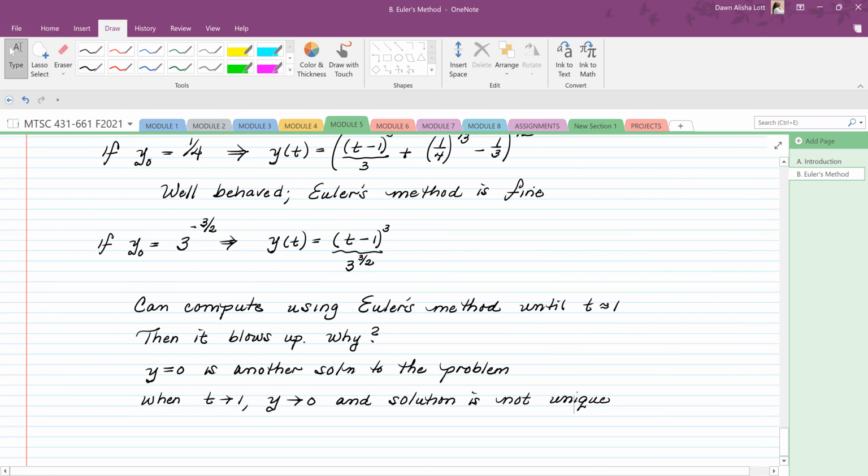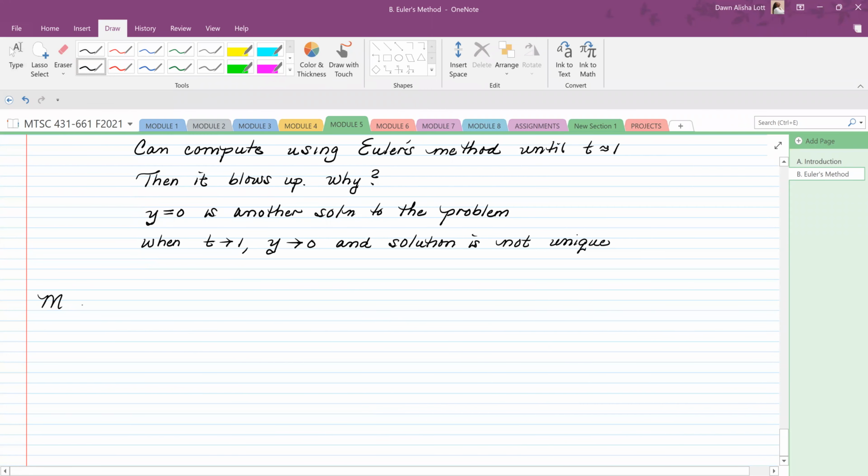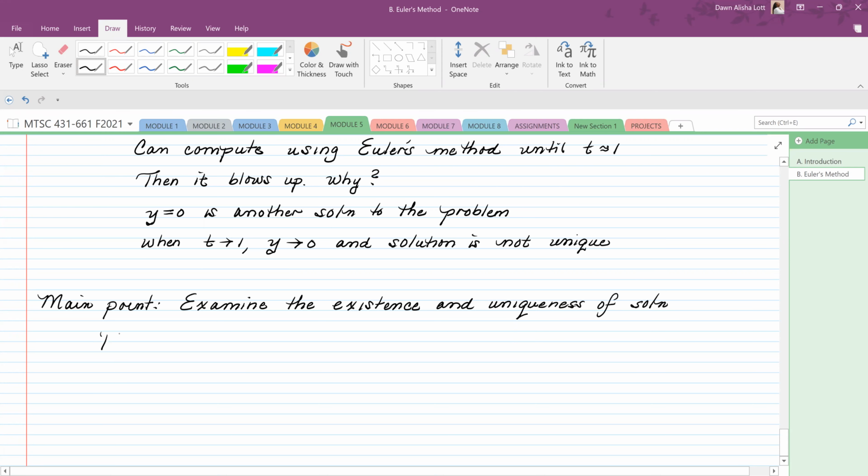So the main point of this is that you need to examine the existence and uniqueness of the solution prior to calculation, prior to solving the ODE numerically.